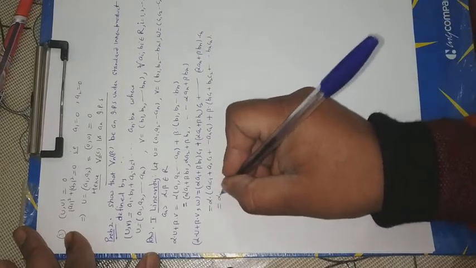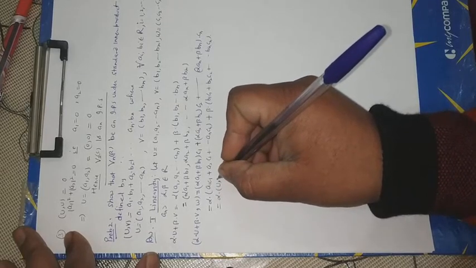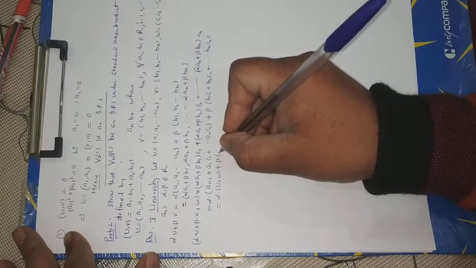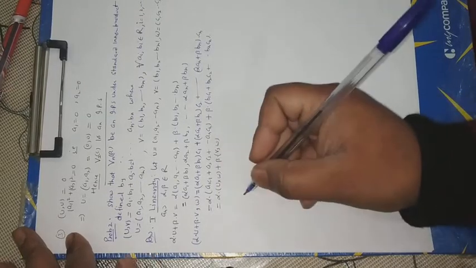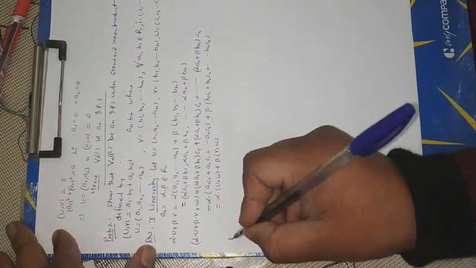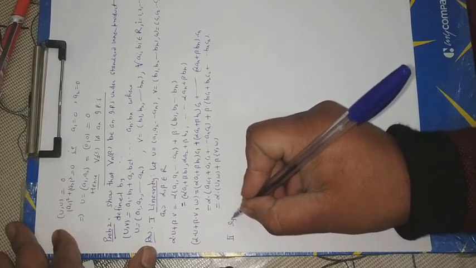This is equal to alpha into u inner product with w plus beta v inner product with w. This is the linearity. Now second property of IPS, symmetry, conjugate symmetry.